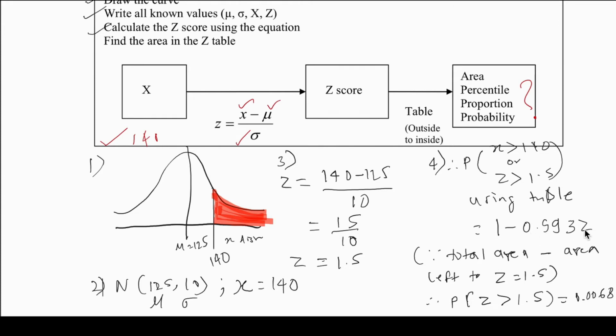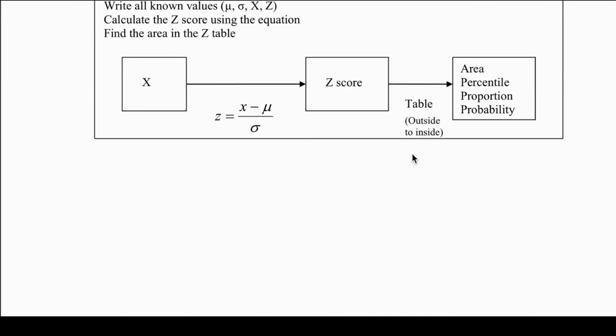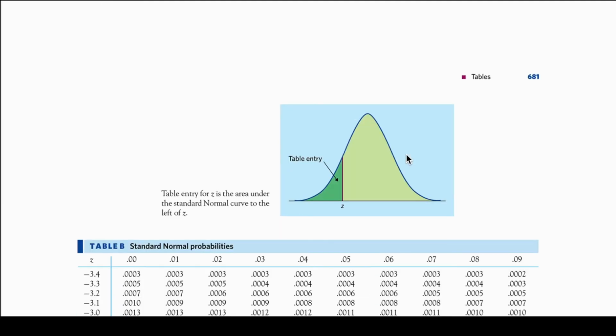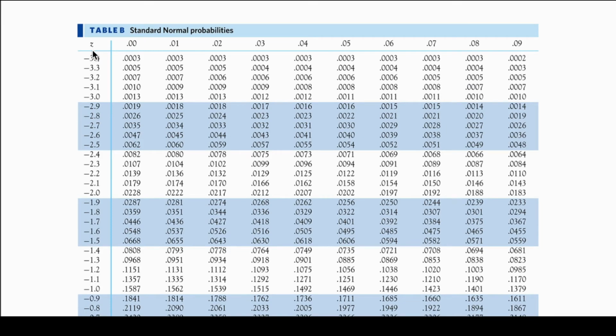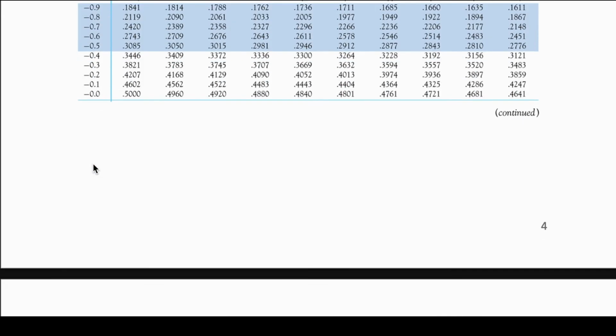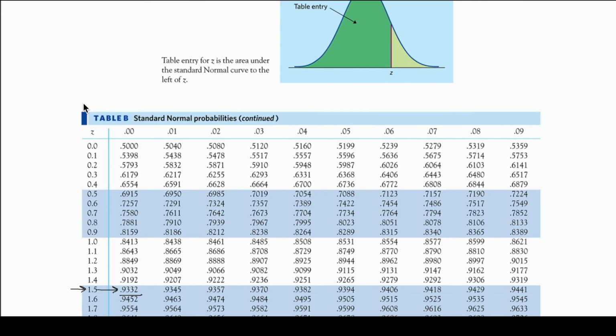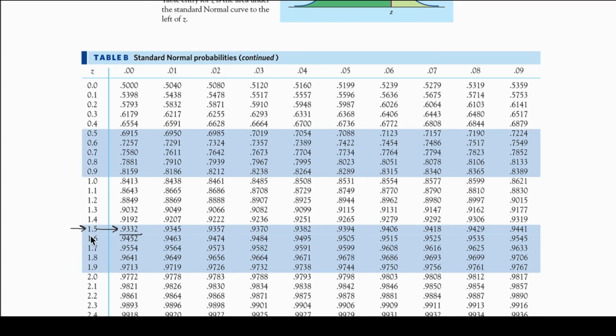Now let's see how we got that 0.9332 using the z value 1.5 and the table, outside to inside. Just look at the z value, see positive 1.5, these are negatives. The sign is very important, and you can locate positive 1.5 and the corresponding value, because we are only looking at 1.5 and there's no second decimal.